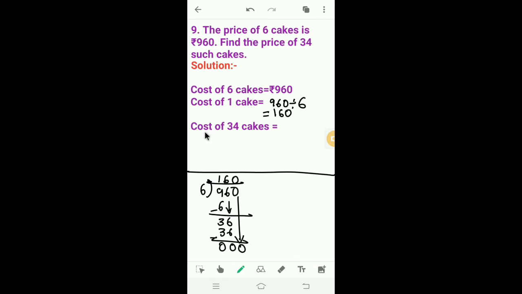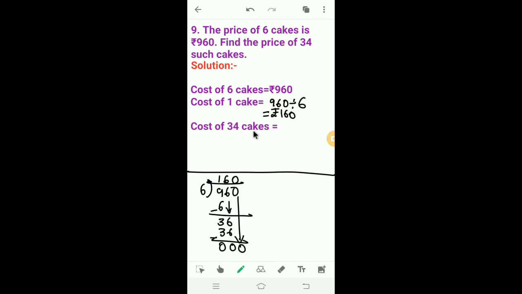Next, we have to find out cost of 34 cakes. How can we find out cost of 34 cakes? What do we have to do?